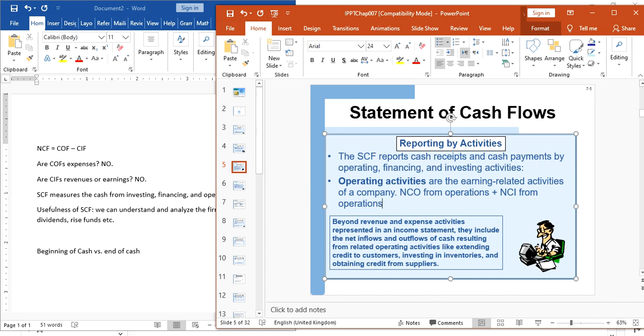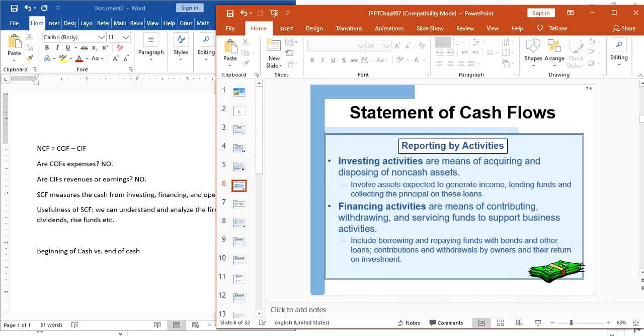So operating activities, okay, and also we have investing activities, which include the cash generated from long-lived assets and securities, or PPEs, property, plant, and equipment.